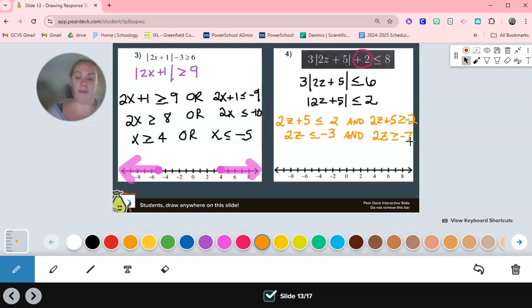So the next thing we're going to do is divide by 2. So we get z is less than or equal to negative 3 divided by 2, which is negative 1.5. And z is greater than or equal to negative 7 divided by 2, which is negative 3.5.